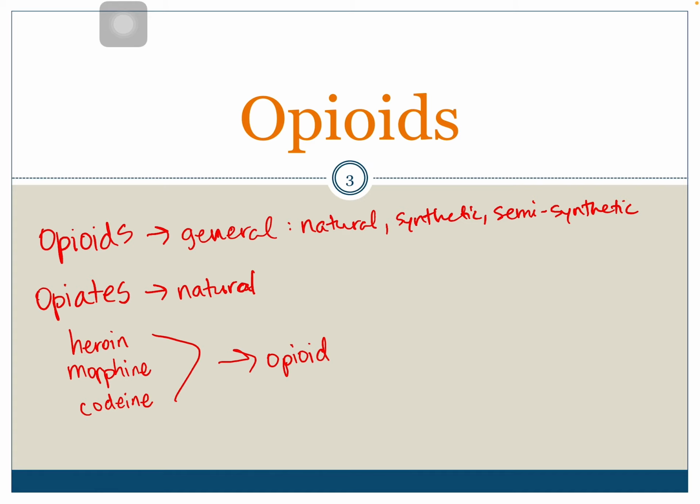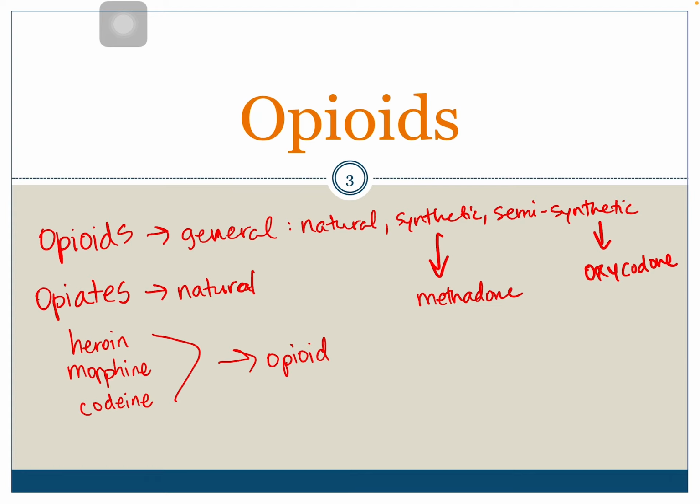So it can get kind of confusing. I've pretty much labeled everything as opioids since it's the more general term, but know that a synthetic opioid would be, for example, methadone, whereas a semi-synthetic opioid might be oxycodone or hydrocodone, things like that.